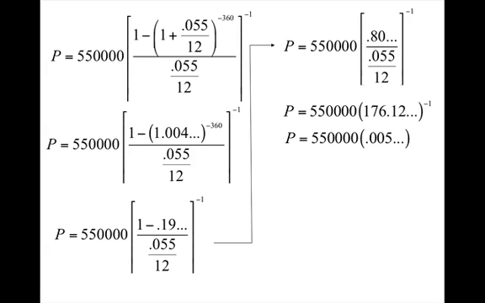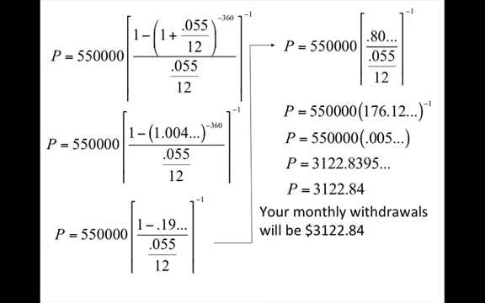And then finally, multiply that by 550,000, and you get 3,122.8395. And if we round this to 2 decimal places, I get 3,122.84. So this time I can withdraw $3,122.84 each month for those 30 years.